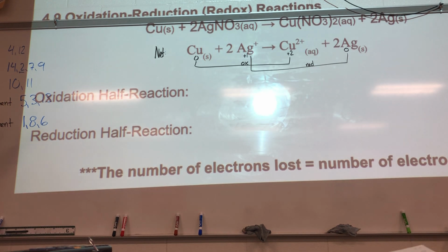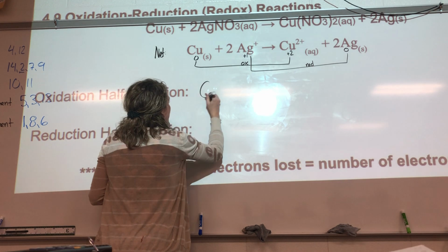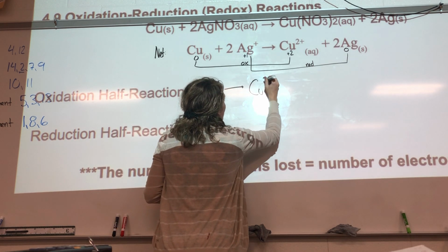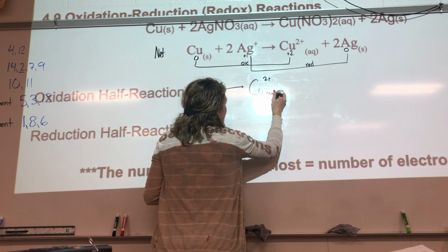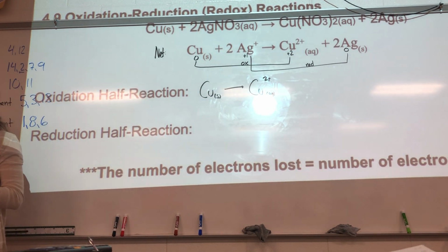So we're now going to change this overall net and split it into 2 half reactions. For the oxidation reaction, we're going to write what's happening with copper. So copper is going from solid copper to copper 2+. If it's going from 0 to +2, how many electrons is it losing? 2.